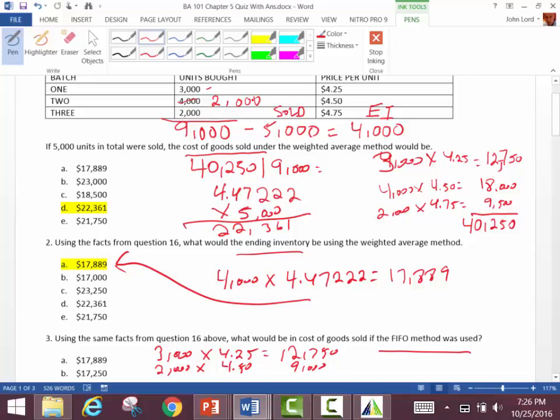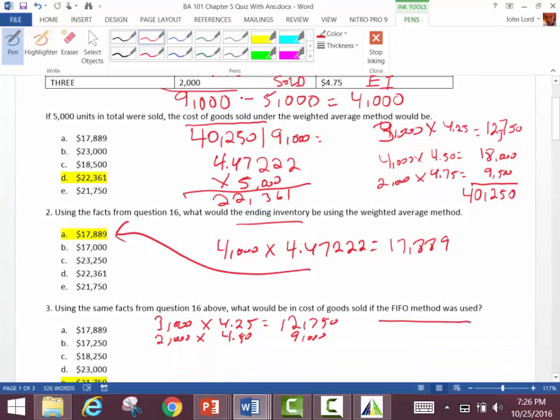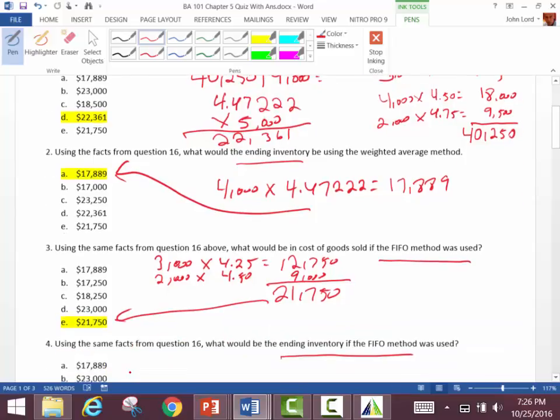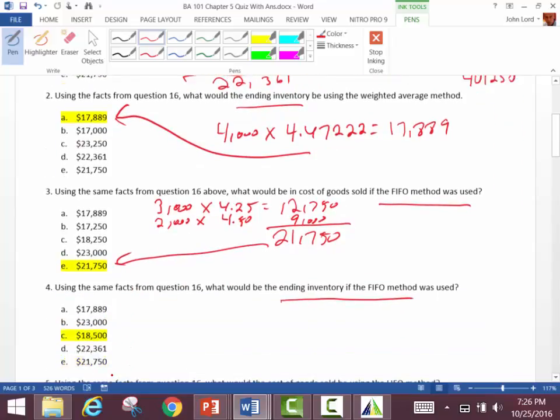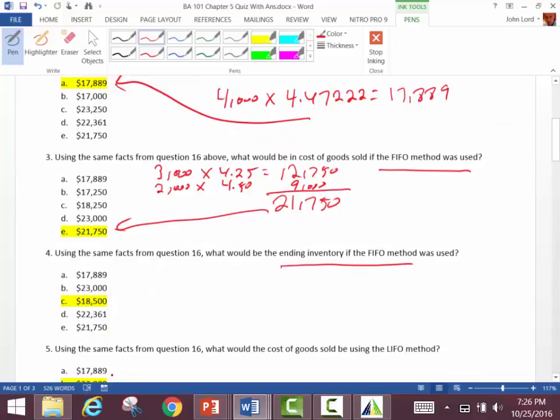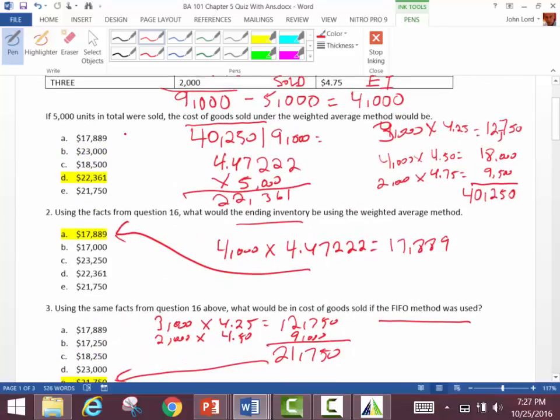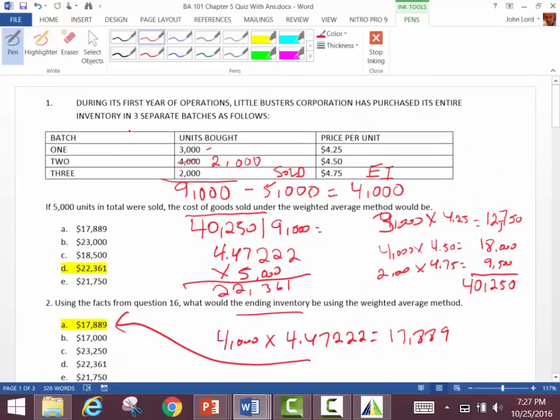Okay, and so for our cost of goods sold, what do we have here? 21,750. That number right there? Beautiful. Want to do ending inventory for me, Amy? We have 1,000 from batch 2.